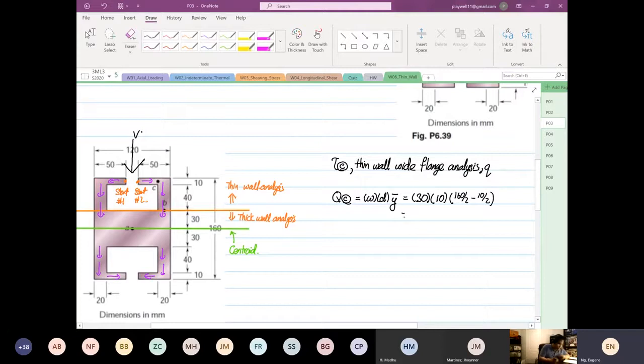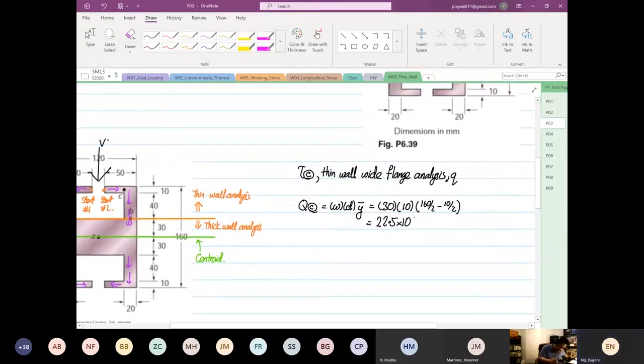So this will be equal to 80 minus 5 times 30 times 10, which is equal to 22.5 times 10 to the power of 3 millimeter cube, or 22.5 times 10 to the power of minus 6 meter cube.